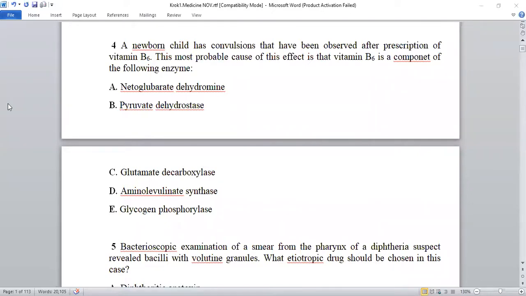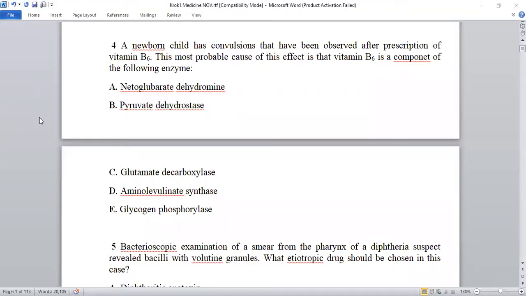The most probable cause of this effect is that vitamin B6 is a component of the following enzyme. And the answer is going to be glutamate decarboxylase. Yes, but I don't like the way they phrased the question.